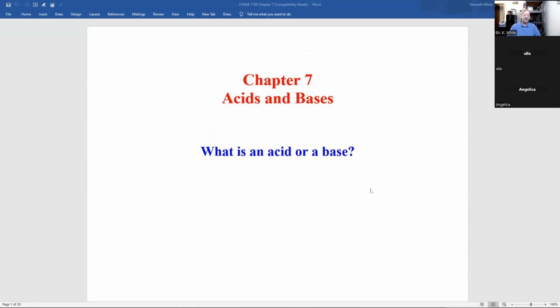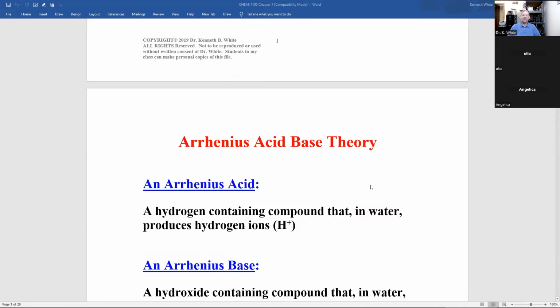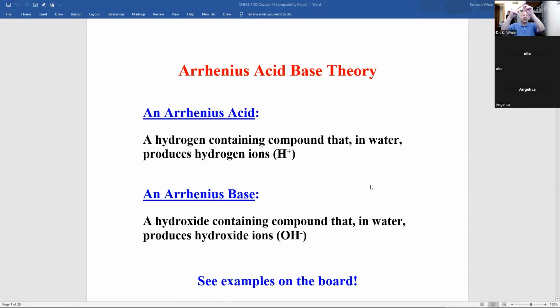Well, it turns out that's a real hard question to answer. The first one, take a try, is by a chemist called Arrhenius, and he came up with, guess what? The Arrhenius acid-base theory. An Arrhenius acid is a hydrogen-containing compound that in water produces hydrogen ions, H+.